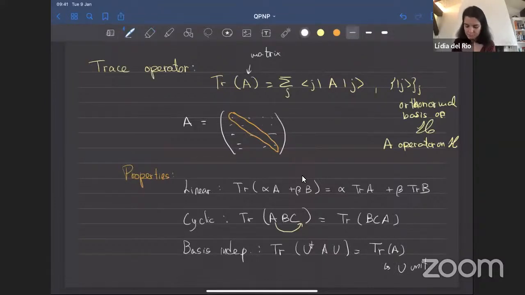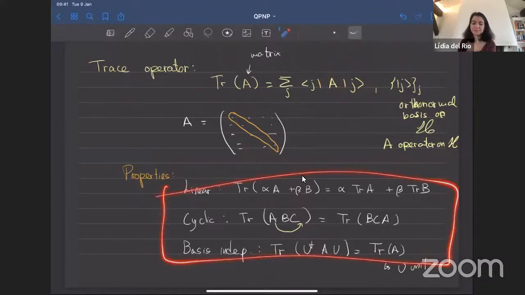One way to see it is that you put the U here and the U dagger there, and this gives you a new basis. You'll prove all this in the tutorial.